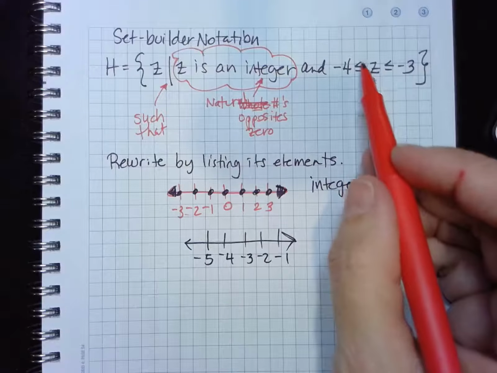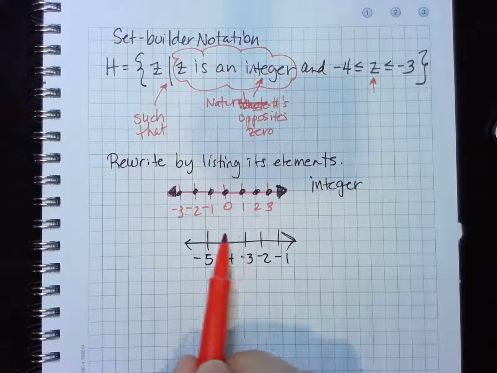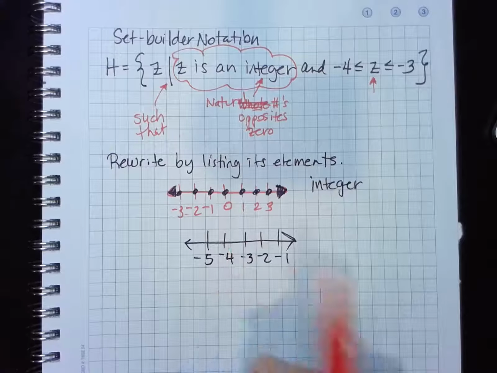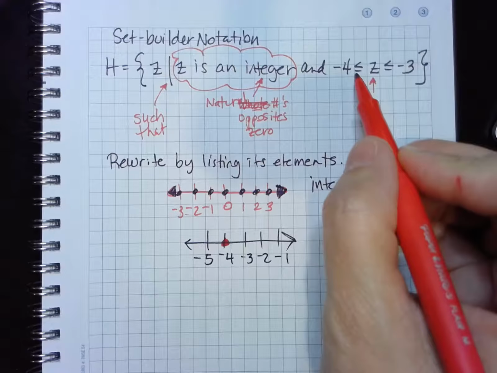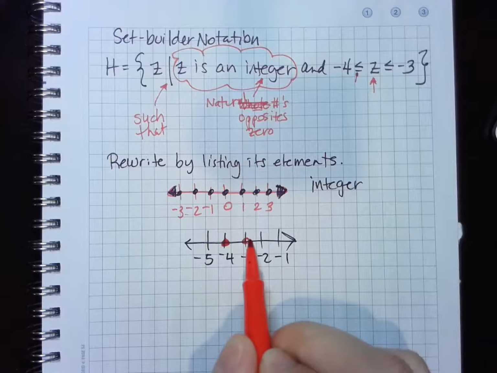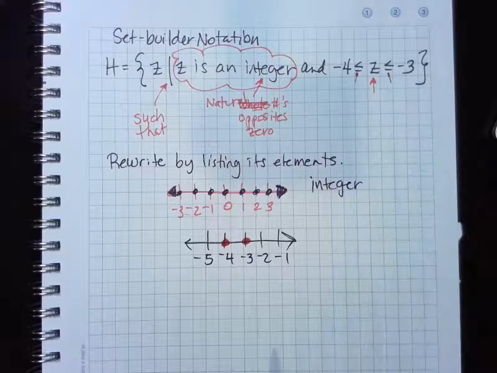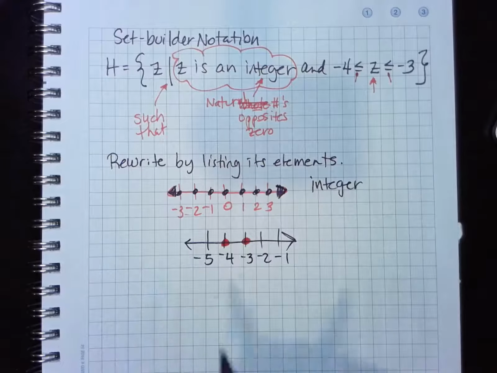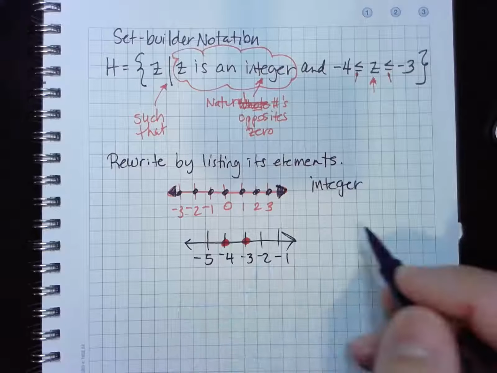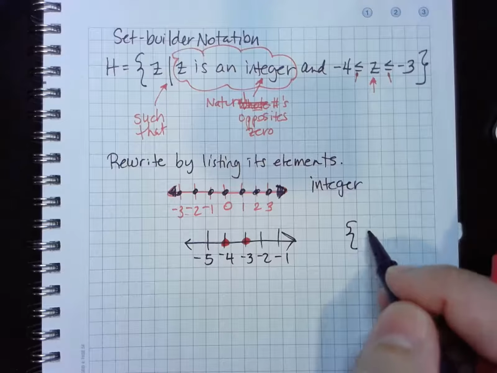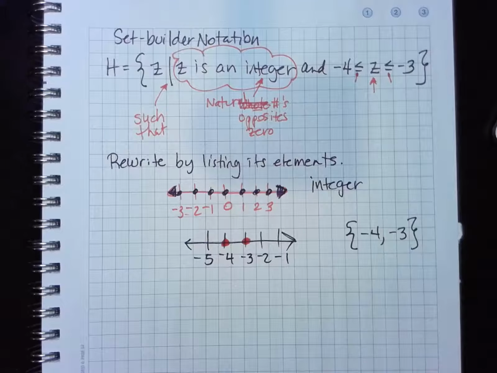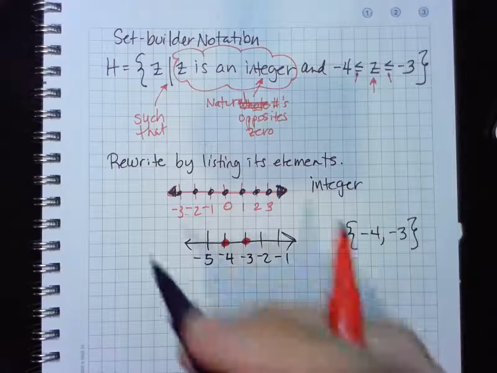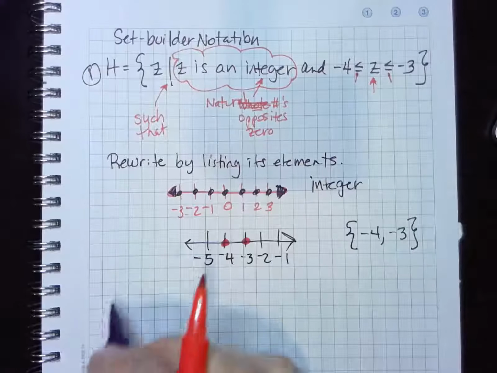But it's also greater than or equal to -4, so it's going that way. So the only two possibilities for this one would be -4, see the equal to right there, and -3, there's the little equal to right there. So if I were to write this set out, it's a finite set, and it's the set containing -4 and -3. It only has 2 elements. So that's my first example.